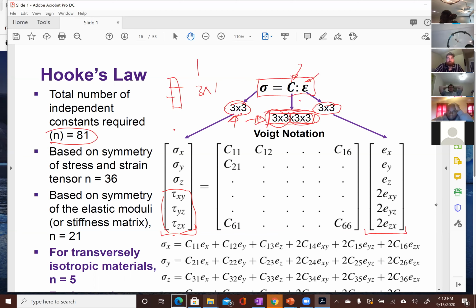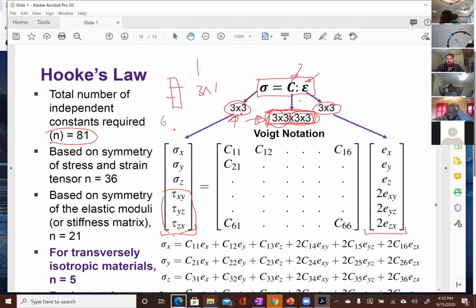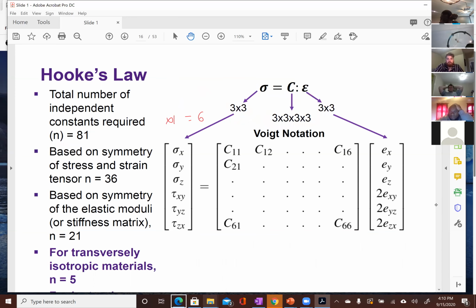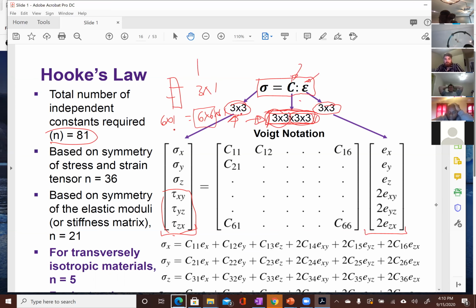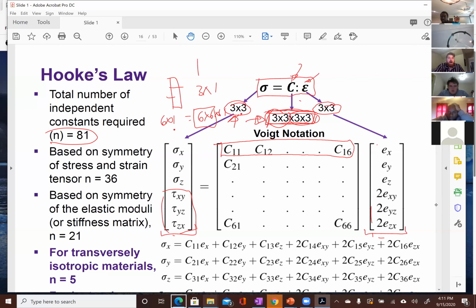Just by rewriting that, you also get to rewrite this one, because now you're trying to do 6 by 1 equals 6 by 6 times 6 by 1. It's a matrix vector multiplication. So this has to be 6 by 6, because you're going to be multiplying these 6 items by these 6 items to do your matrix vector multiplication.